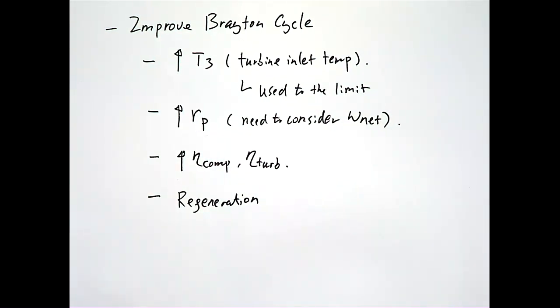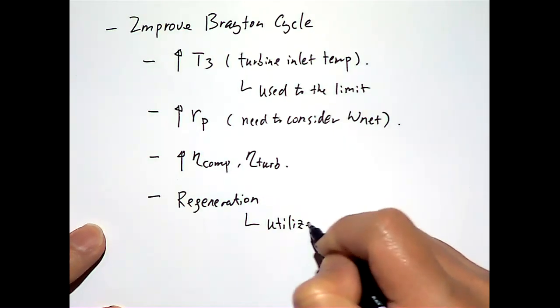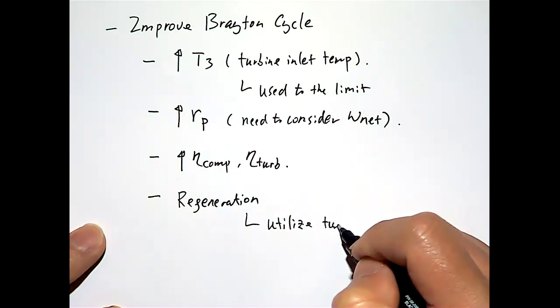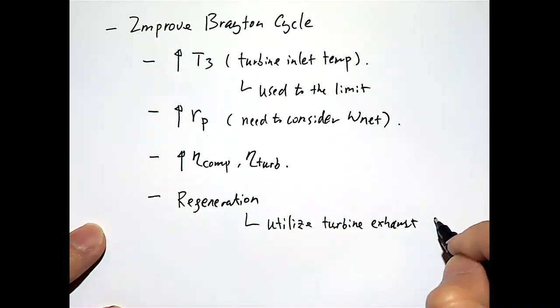Basically the principle is to utilize the heat coming out of the turbine, because the turbine exhaust is still pretty hot. If you can use that enthalpy to heat the compressed air, you can save some of the energy that you added at the compressor. So that's basically to utilize the turbine exhaust temperature.